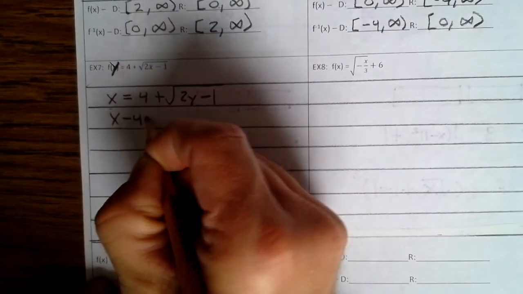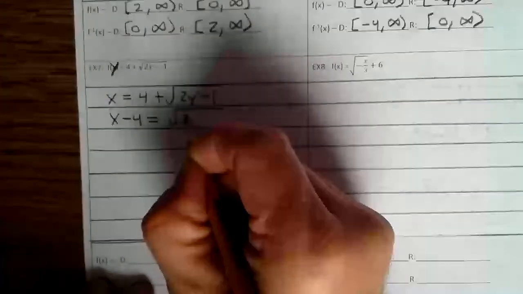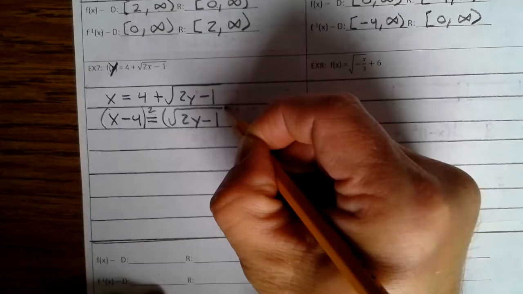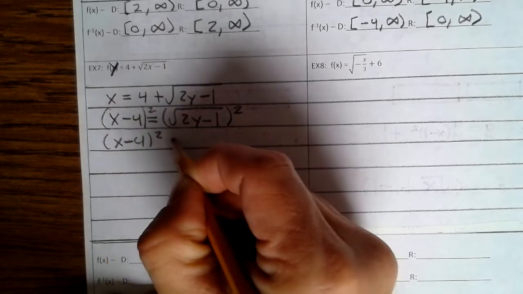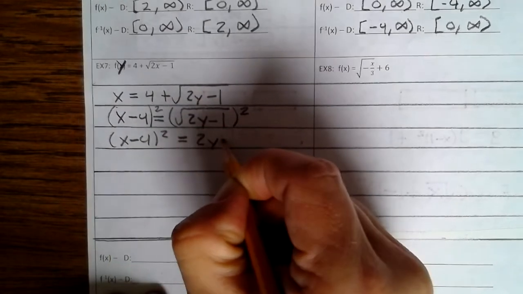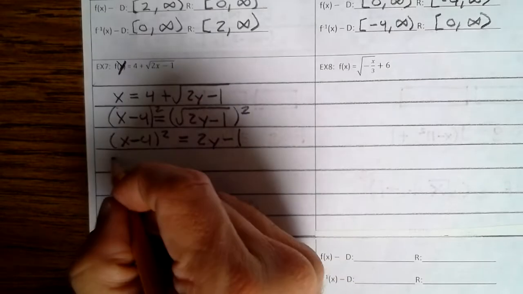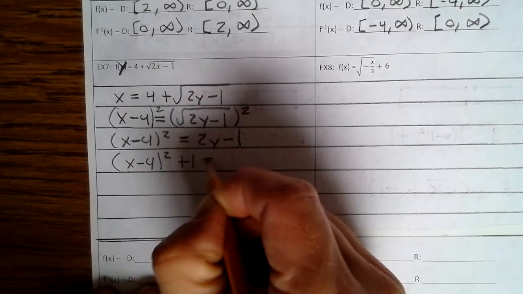So then you're left with x minus 4 squared equals 2y minus 1. Let's add 1 to both sides, so that's x minus 4 squared plus 1 equals 2y. Last step, let's divide everything by 2, so y equals x minus 4 squared plus 1, divided by 2.